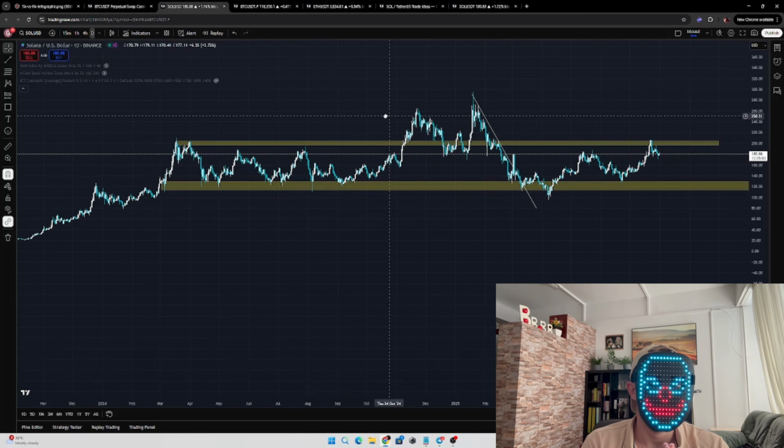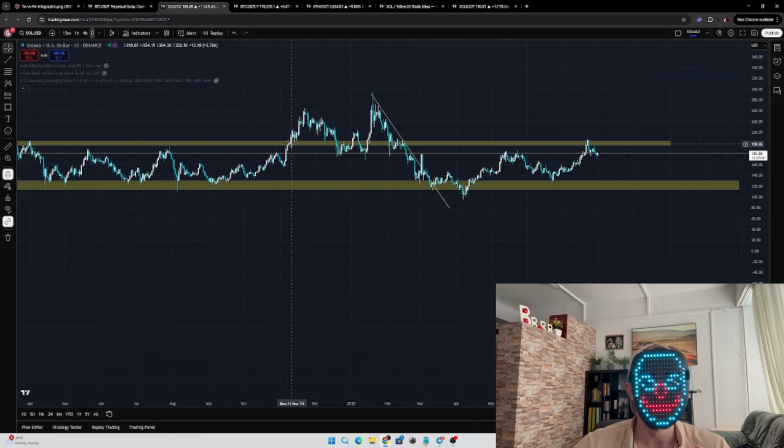Important levels, once the price goes over or under and gets accepted, they turn into support or resistance. That's what you call a support resistance flip. So it's important that once these resistance or support levels are broken, they change into support or resistance.